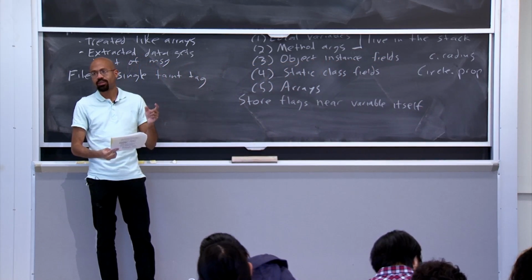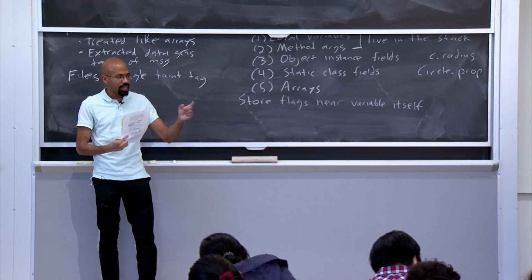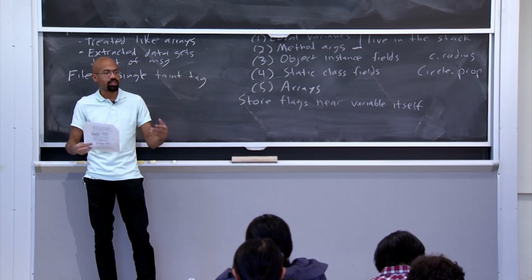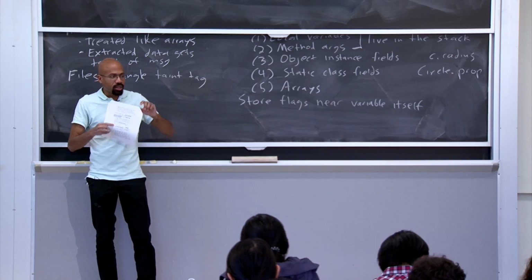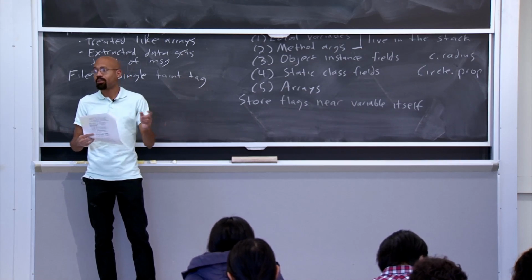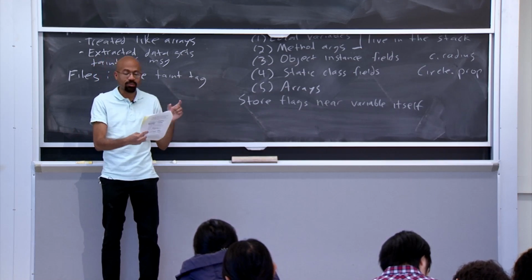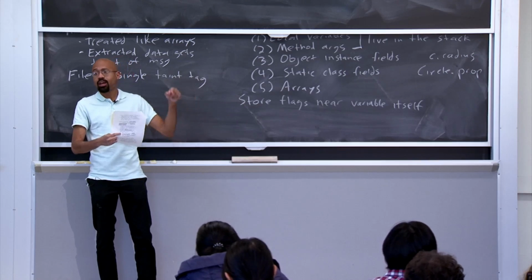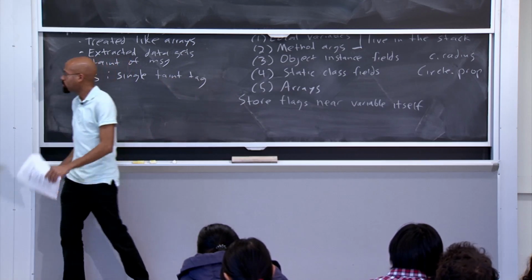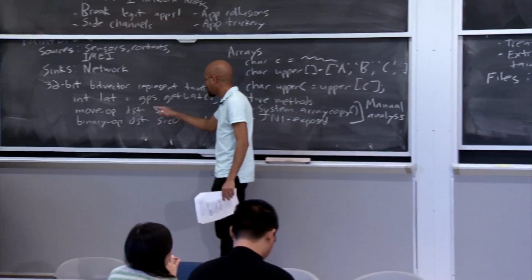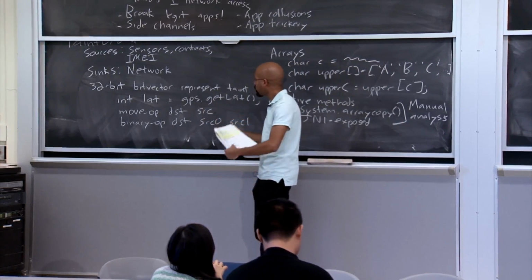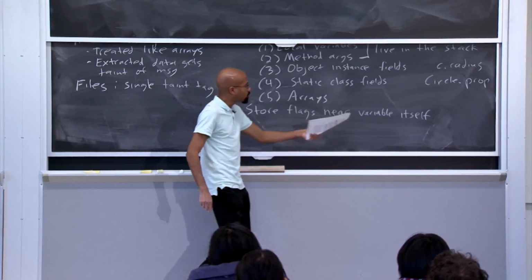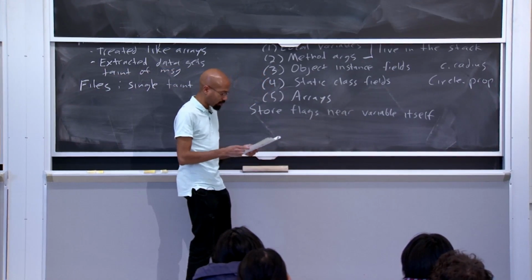We want to store some taint state with that, and keep that state as close to the variable as possible, to make the cache work efficiently at the processor level. If we were to store taint very far away from that variable, that could be problematic, because when the interpreter looks at the memory value for the actual Java variable, it's going to want to very quickly thereafter, or even before that, look at what the taint information is. The same places in the code where the interpreter is looking at the values, it's also looking at taint. So by storing these things close to each other, you make the cache behavior better.